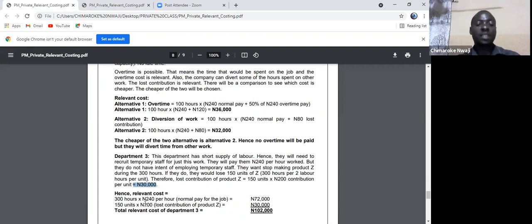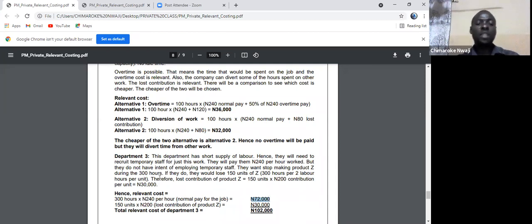So what it means is that in Department 3, we are going to work for 300 hours. We are going to pay the workforce 240 naira per hour for doing the normal job, which will cost the company 72,000 naira.